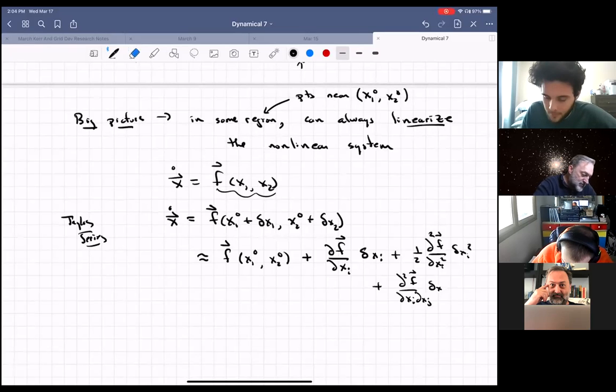Since I've just got two components, I'll write this as x1 x2. So I'd have all these higher order terms.